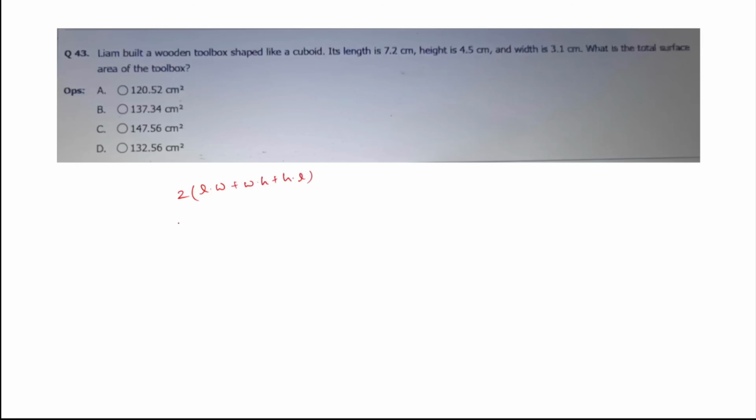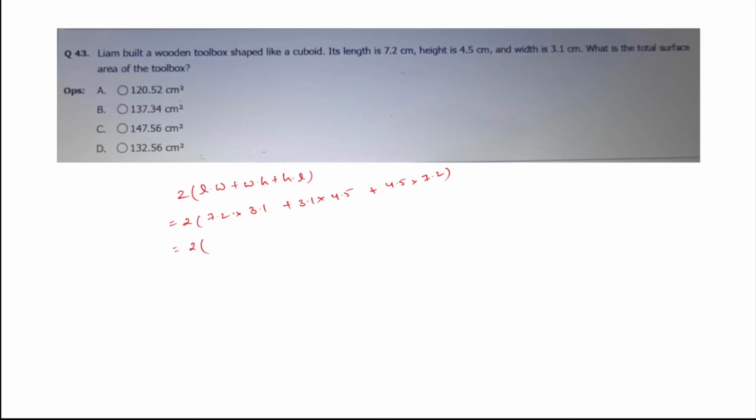So we need to replace these values, that is 2 into the length 7.2 into width 3.1, plus width 3.1 and height 4.5, plus height 4.5 and length 7.2. So we need to multiply each of these values.